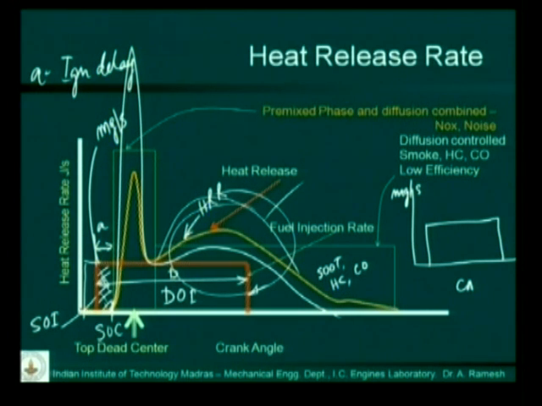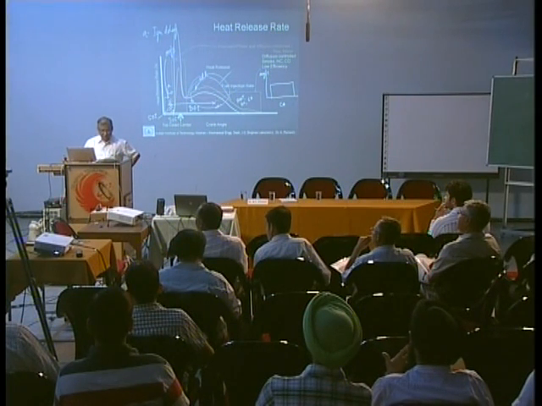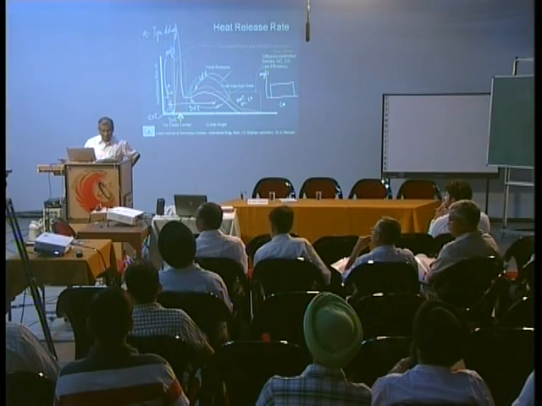The first generation CRD fuel supply systems and the next generation fuel supply systems have a lot of difference. Fuel is injected in intermittent stages. First stage, the quantity is more, then the quantity gets reduced, then it further gets reduced. It is in 4 stages nowadays. We are going towards that. In fact, I'll be explaining that.